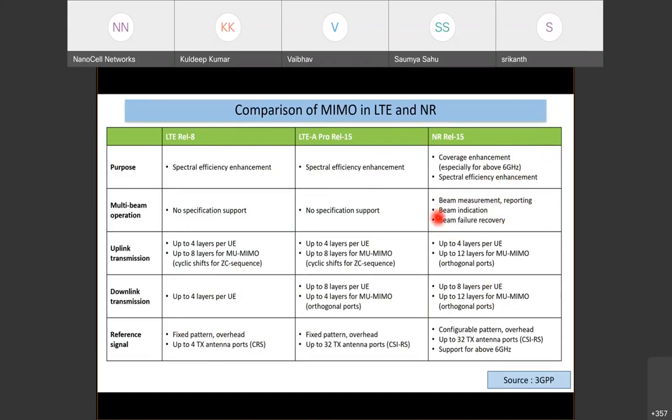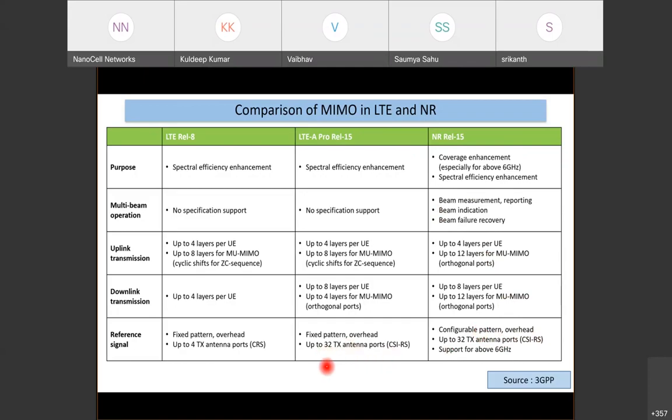This becomes critical. Better support for MU MIMO, as you can see here, compared to LTE numbers. And not only better support purely in terms of the max layers, even in the reference signals, right from day one, there is a 32 antenna port reference signal defined in NR. This is only a recent development in LTE.